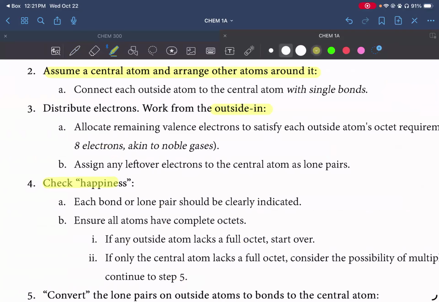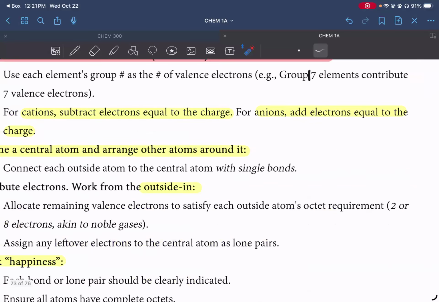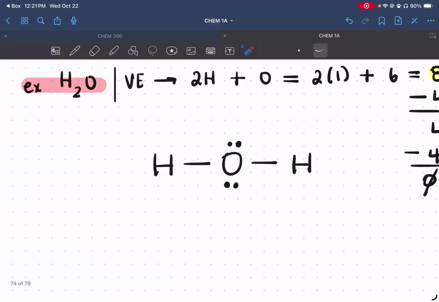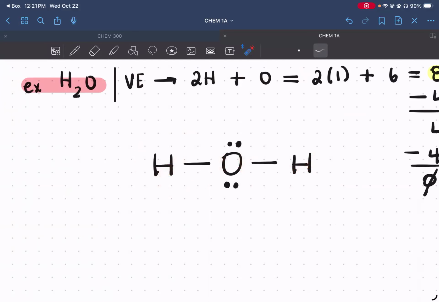Number 4, check happiness. Each bond or lone pair should be very clearly indicated. Check. Ensure all atoms have complete octets. Hydrogen has 2, hydrogen has 2, so they're checked off. Let's look at the oxygen. As drawn, the oxygen has access to 1, 2, 3, 4, 5, 6, 7, 8 electrons.